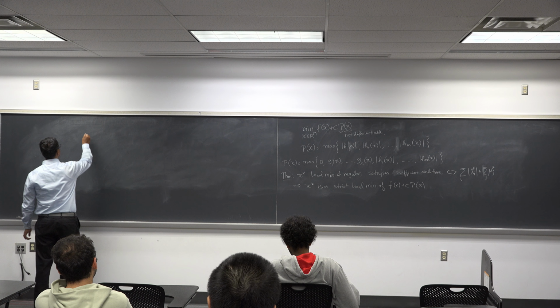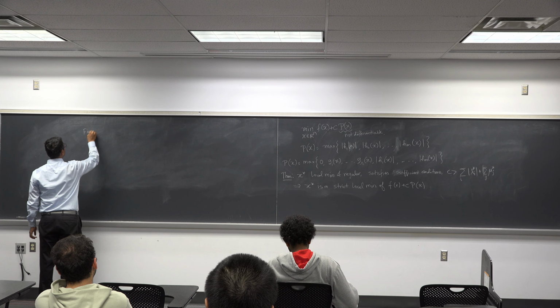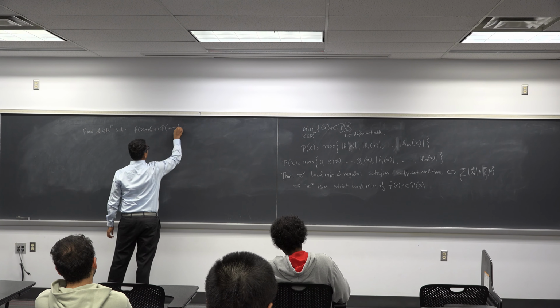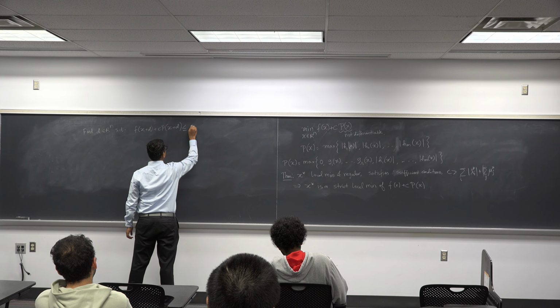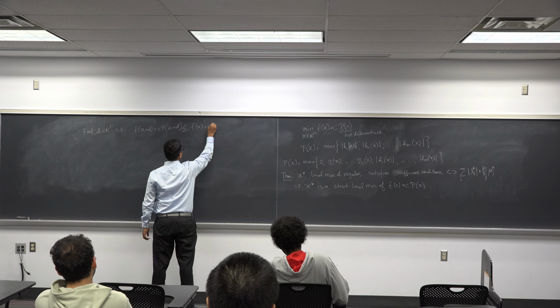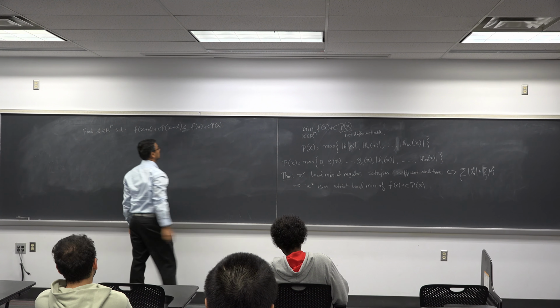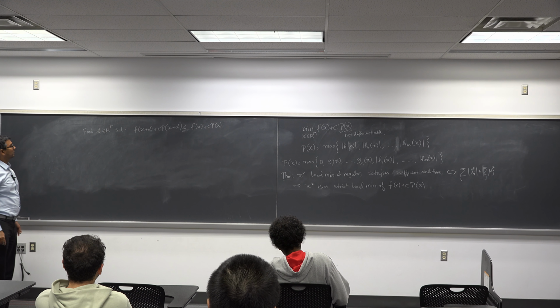So what I want is to find d in R^n such that f(x+d) plus c P(x+d) is less than, not less than or equal to, less than f(x) plus c P(x).